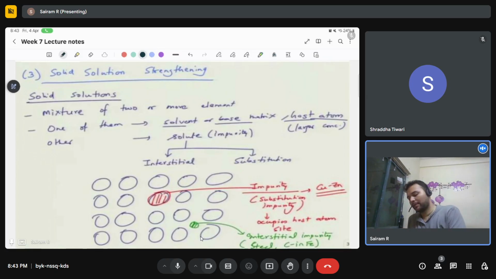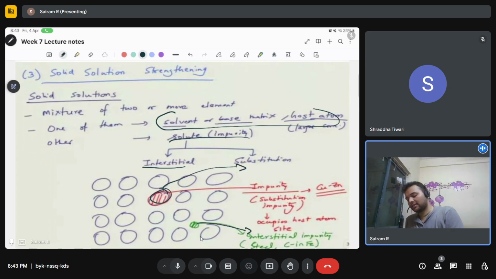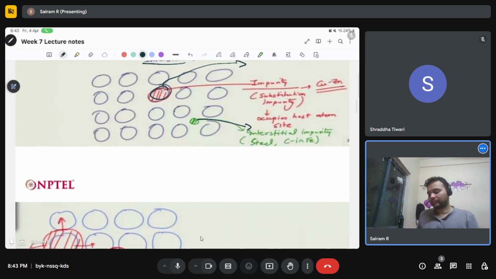So my solvent is my base, which is the host, and then I'm adding my solute or the impurity or the additional alloying element. And this could be of two types. One is the interstitial, which means these green ones are the interstitial, and then the red ones here are the substitutional atoms.